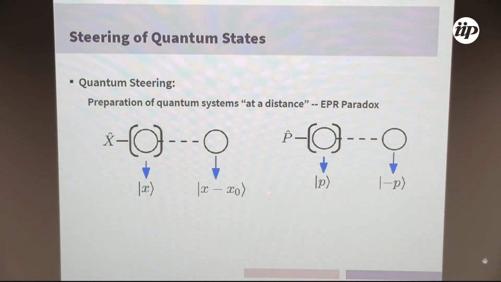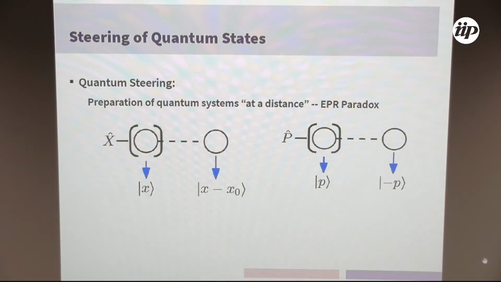So for quantum steering, we have the situation where we have the quantum state correlated to a measurement that is made on the other side. Here I show you the type most commonly known as the EPR paradox, presented by Einstein, Podolsky, and Rosen, where we have the quantum state correlated to measurements, in this case the position and momentum.